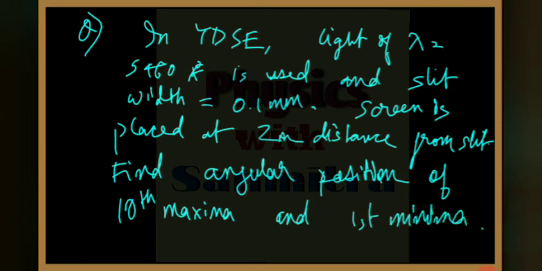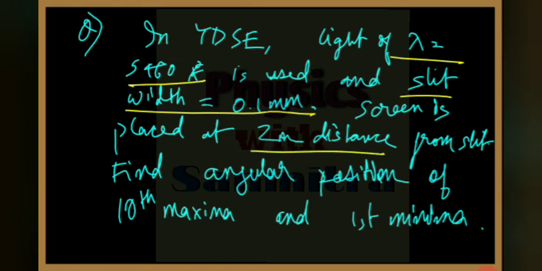This is my question. So what are the given data? Lambda has been given, slit width has been given, the screen is placed at 2 meter distance, that is capital D, and we are asked to find the angular position of the 10th maxima and the first minima.